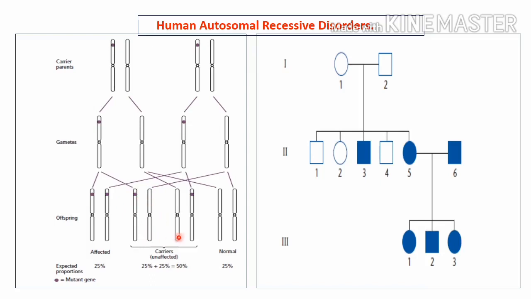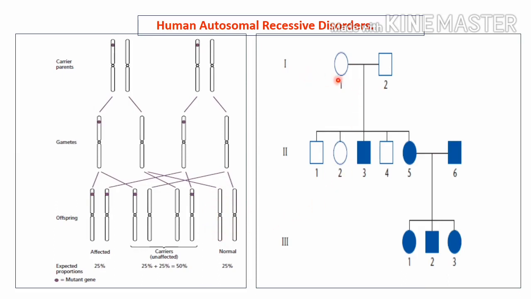So when only one chromosome has a mutated gene and the other is normal, these individuals will be carriers. This includes a total of 50%, that is, 50% of individuals will be carriers, either male or female, and the remaining 25%, either male or female, will be normal because they receive no chromosome having a mutated or defective gene.